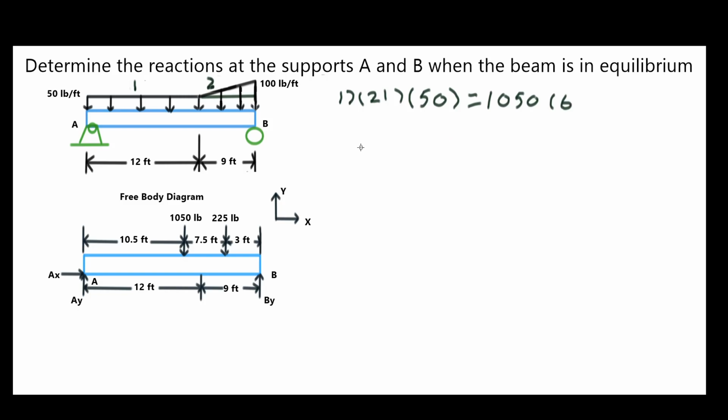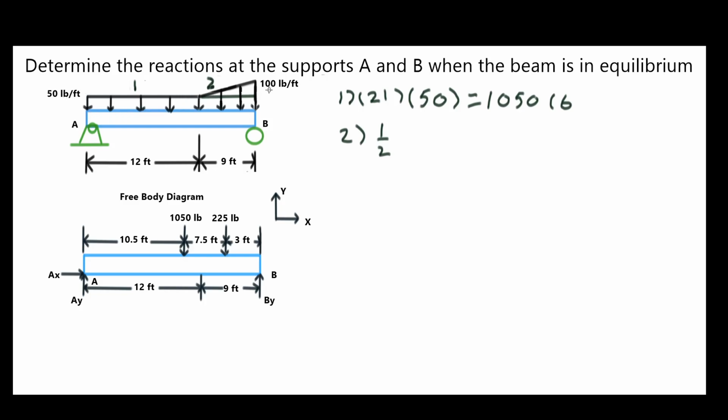For the area of a triangle, we'll use the formula, which is 1/2 base times the height. As you can see here, the base of the triangle is 9 feet. For the height, it can get a little tricky because sometimes you can get confused and use this 100 pound per foot value here. But just remember that the triangle starts at this midway point where this 50 pound per foot rating is.